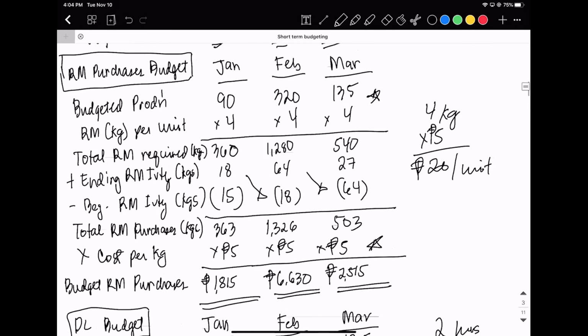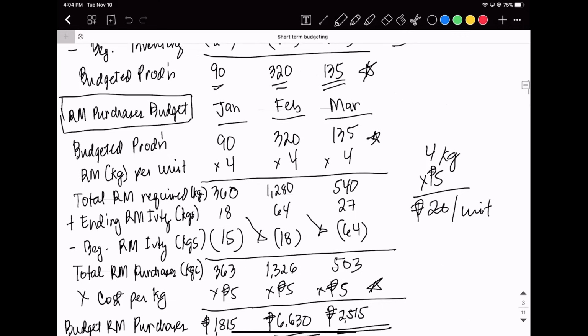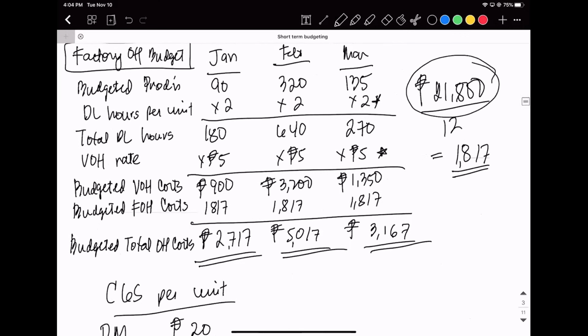So what is your annual? 21,800 per annum. Meron lang tayong idea for the entire quarter, so kailangan match sila.